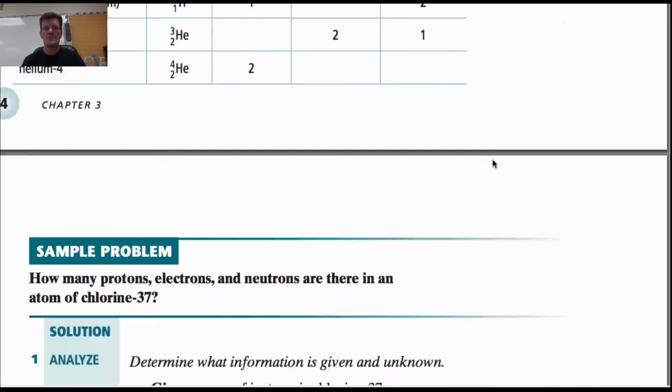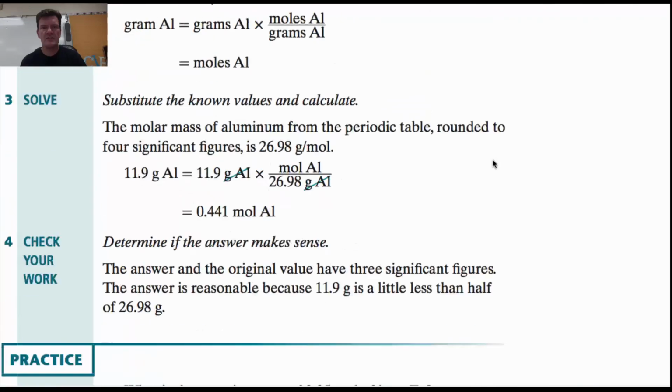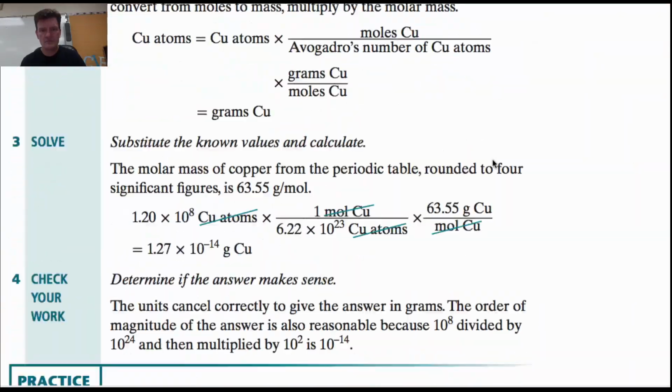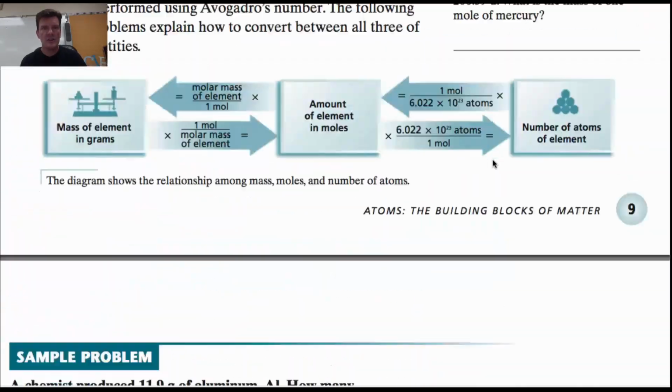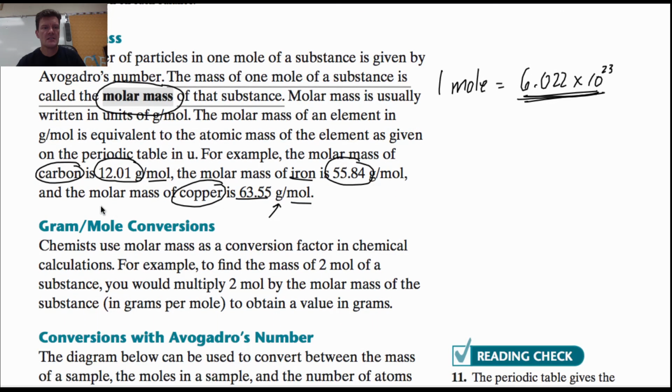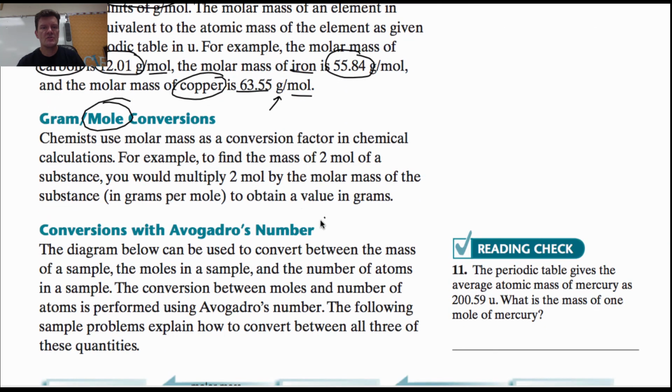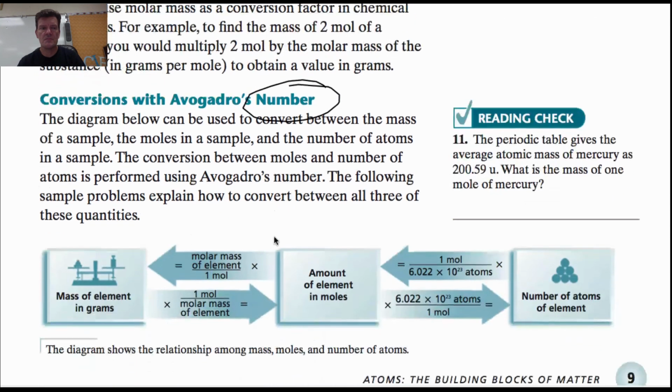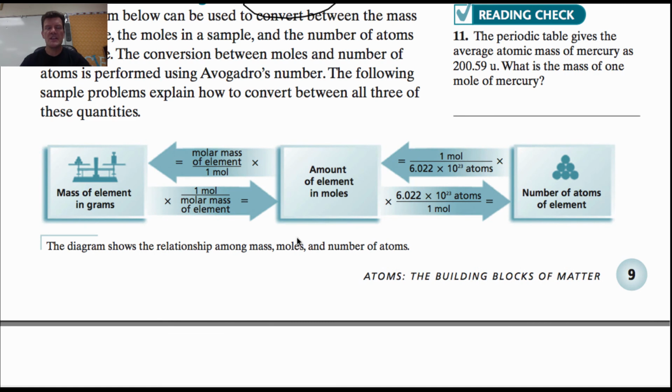Okay? So let's come back here and let's learn how to do these calculations. We are going to go from mass to moles and then to the number of particles. Here's a little diagram to help you understand.